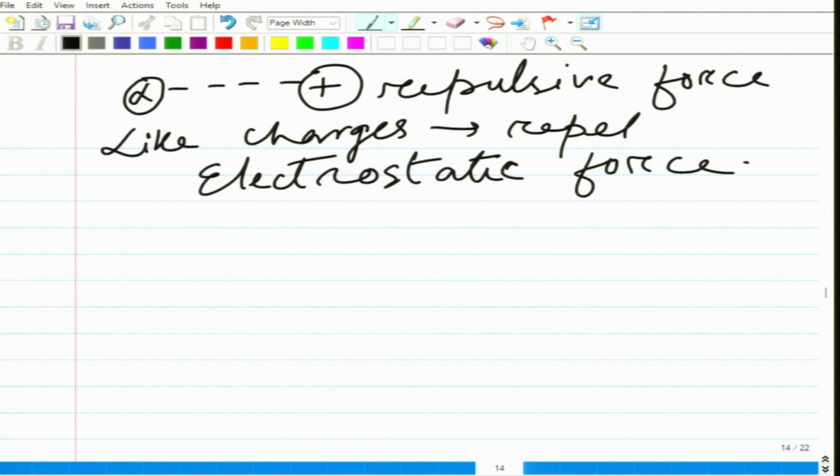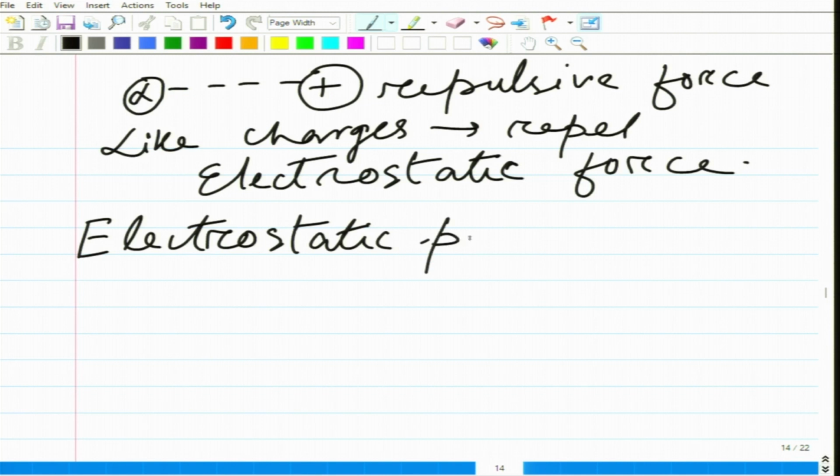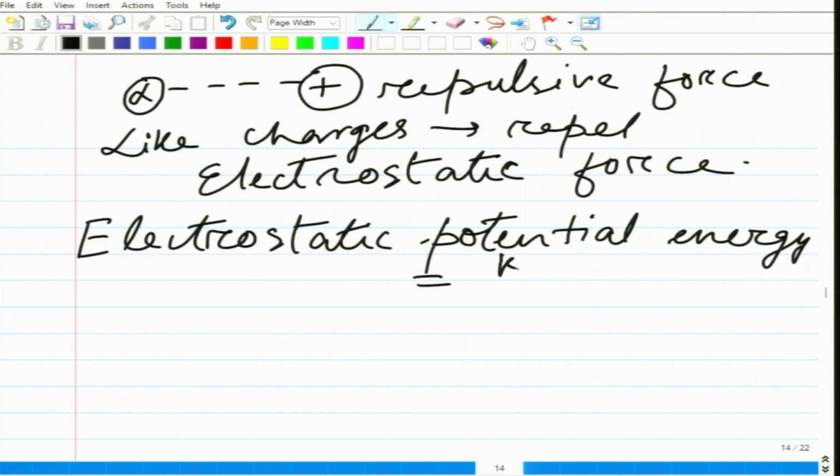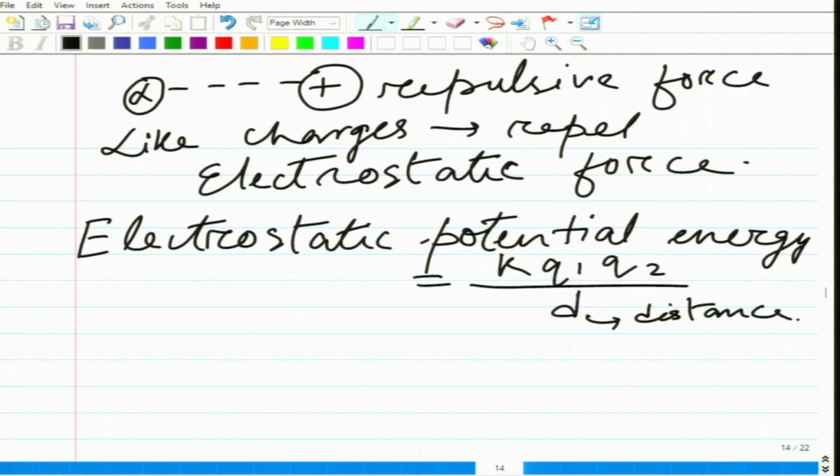So the kinetic energy is converted to electrostatic potential energy, which is written as k q1 q2 by d, where d is the distance between two charges. Here this is the distance of closest approach.